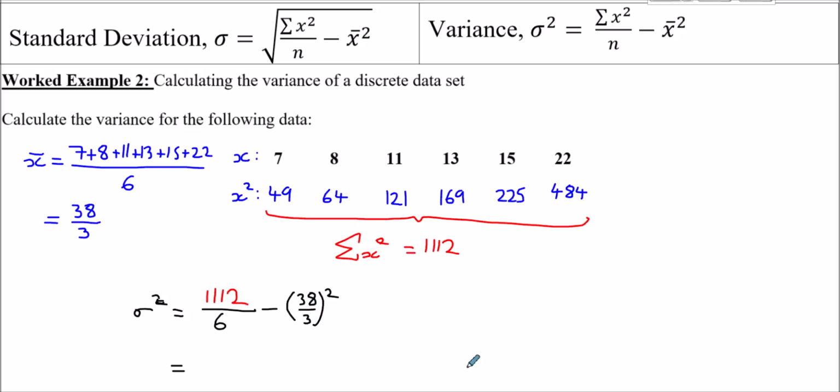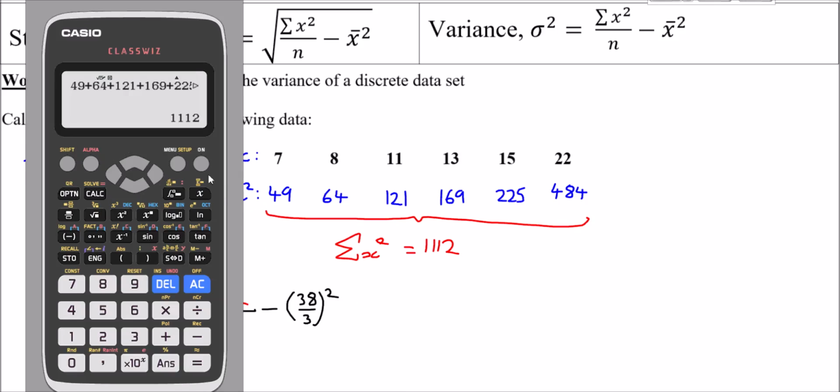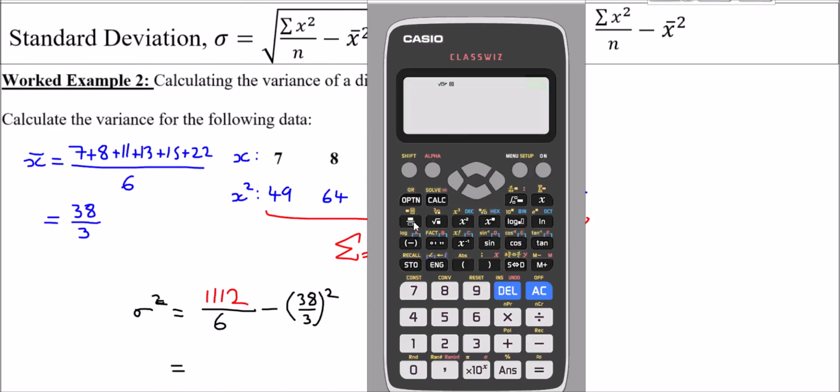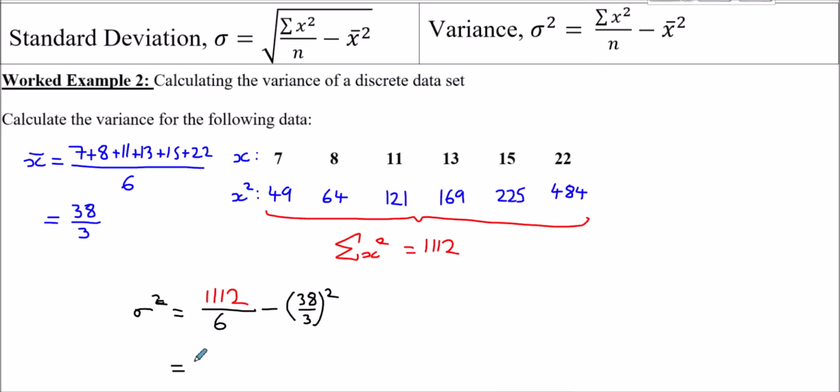So let's calculate this. 1112 divided by 6 minus 38 over 3 squared. We get 224 over 9, which to 3 sig figs is 24.9. And that's the variance for this data.